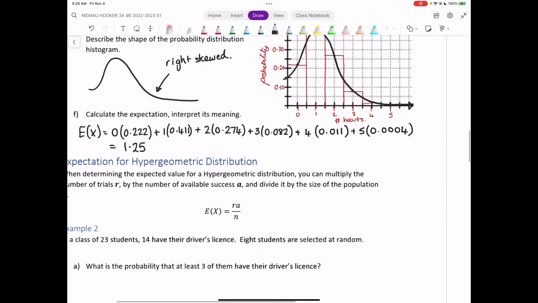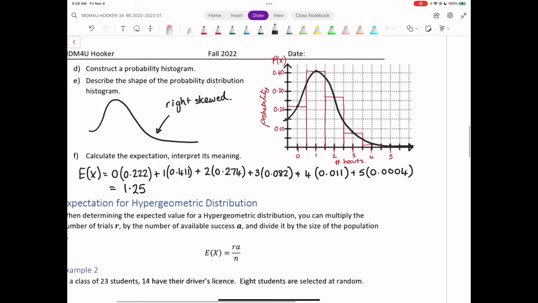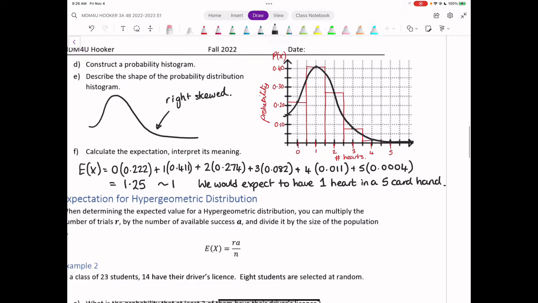Okay, all right, what does it mean? It means 1.25 is approximately 1, closer to 1 than it is to 2. So we would expect to have 1 heart in a 5-card hand. And that is it.